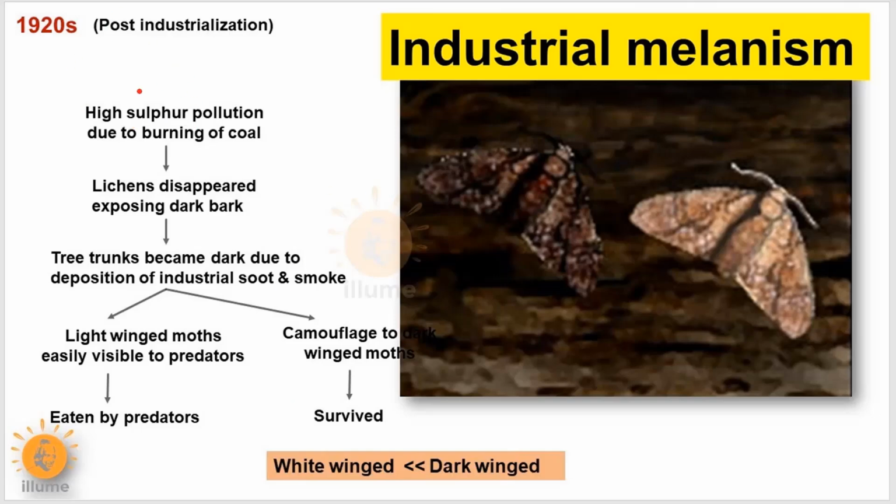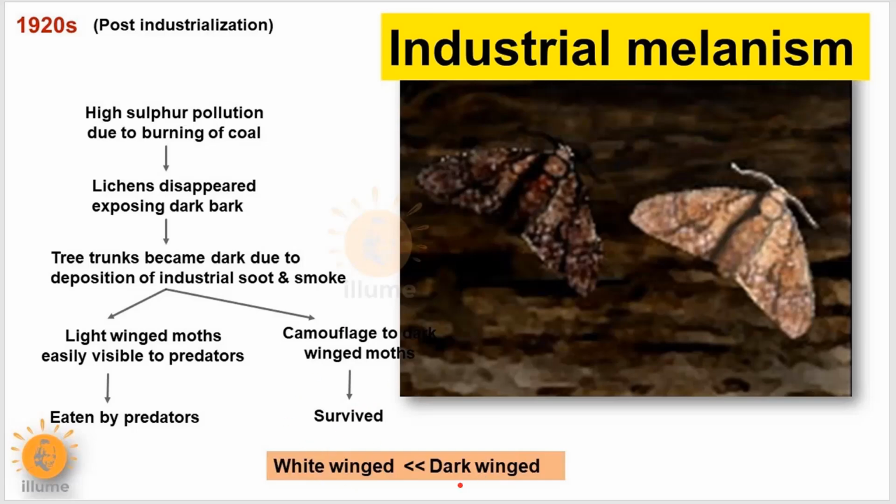In the 1920s, high sulfur pollution due to burning of coal made lichens disappear, exposing the dark bark. Tree trunks became dark due to deposition of industrial soot and smoke. The light-winged moths were easily visible to the predators and were eaten, but the black ones camouflaged and survived.